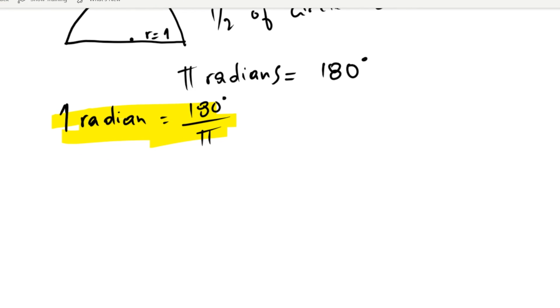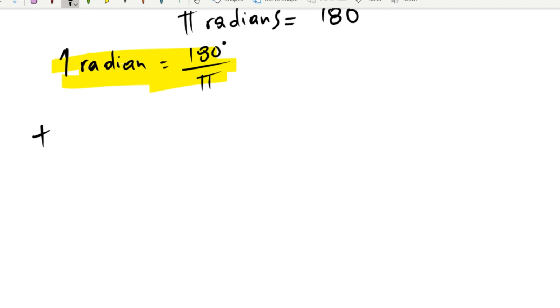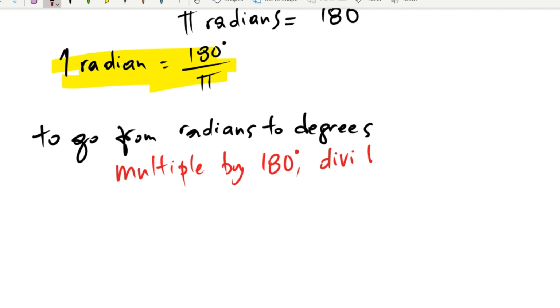Therefore, to go from radians to degrees, we multiply by 180 degrees, then divide by pi.